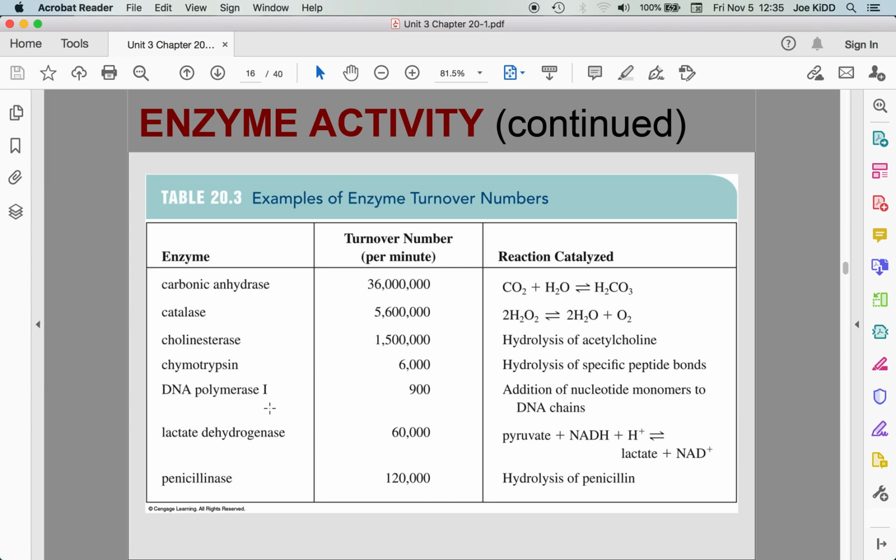However, DNA polymerase, adding a nucleotide to the monomer of the DNA chain, right? Only 900 of those will occur in a minute versus 36 million. So obviously this is a little more complex and goes much slower. This is a pretty rapid reaction that is being catalyzed here.